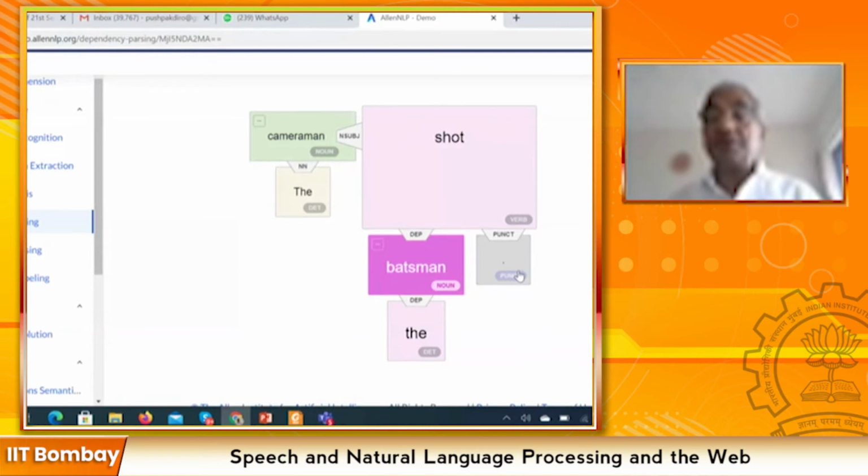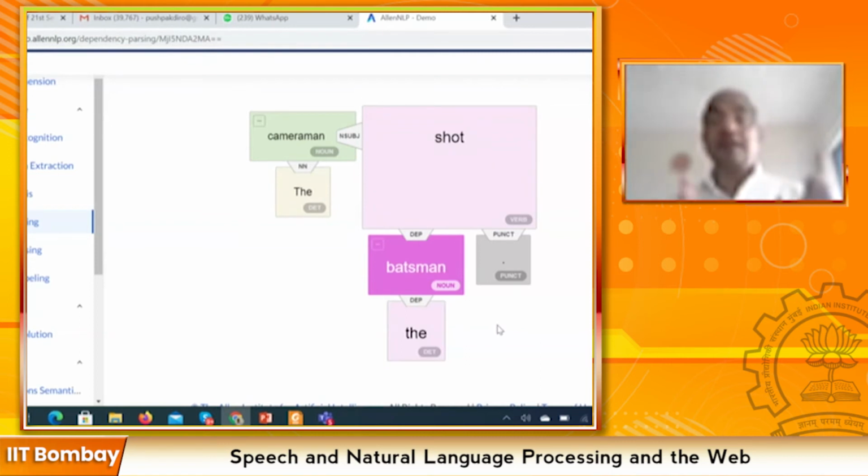You have the punctuation dot here. So, the cameraman shot the batsman. The structure is this. nsubj is a dependency relationship. The verb is shot. It has a relationship called DEP with batsman, and batsman and the again have a DEP relationship. So this is a very shallow relationship.